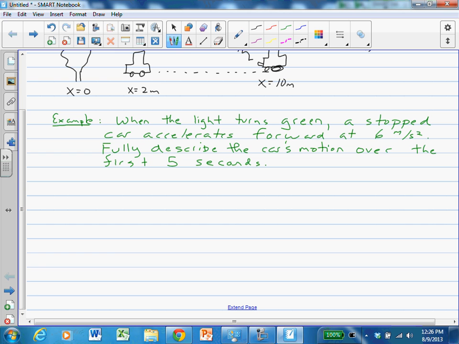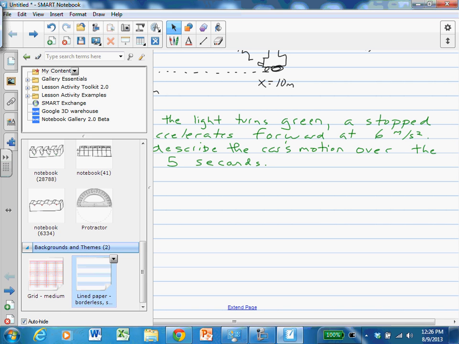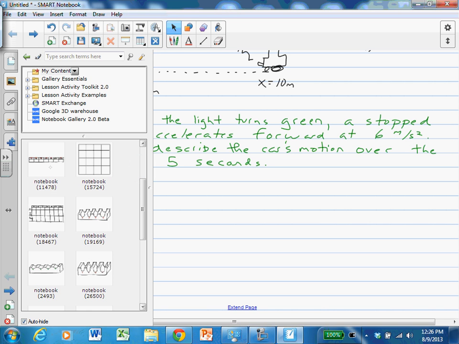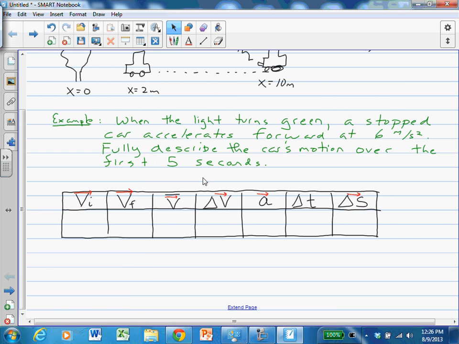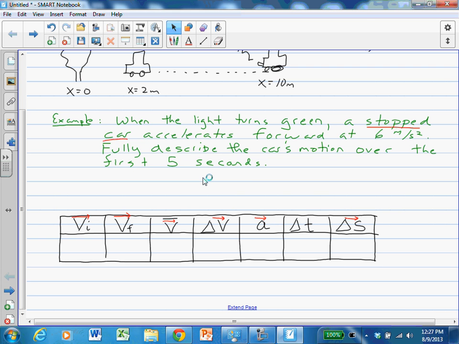Okay, so to do this, we're going to fill in a really good chart. And I have the red for vector versions, but again, we're only in one dimension here, so it's really just plus minus that we're concerned with. Some things in here, it's a stopped car, okay? So that tells us that we're starting at 0. So I always like a little sketch myself.